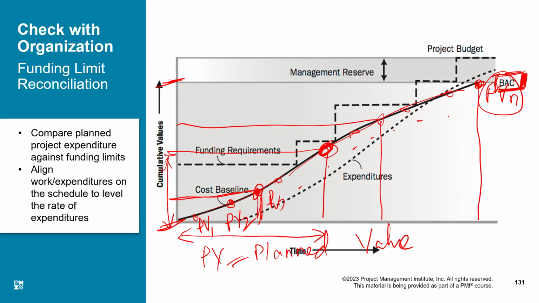That amount is not for the use of the project, but it is management's own reserve in case your project could not complete within BAC and still some work is left, then the management reserve may be released as a last resort.